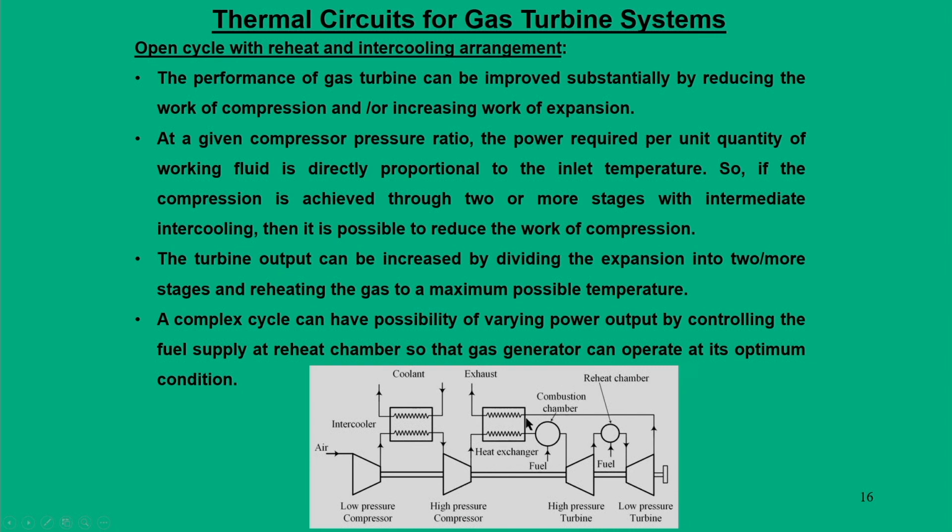The other way of looking at it is on the compressor side. Instead of going for a very high pressure ratio compression, we use multiple compressors. The requirement of multiple compressors always leads to the fact that an intercooler is a must. What does this intercooler do?